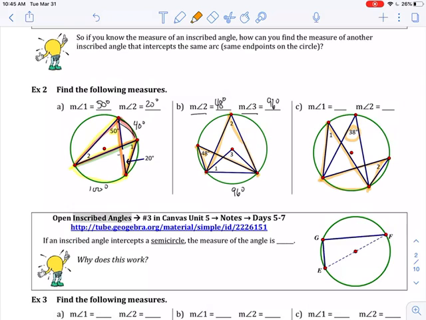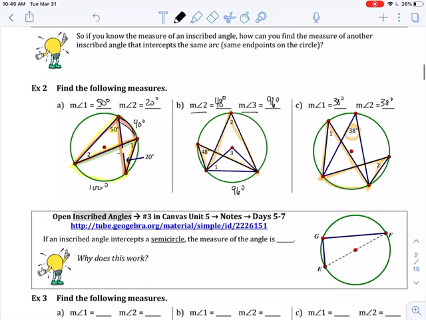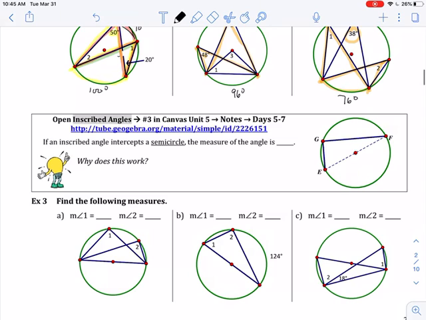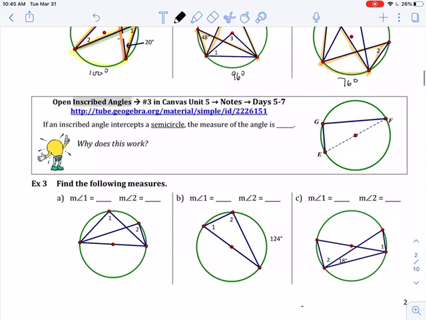They all are intercepting the same arc, so that angle would be the same. And if they were asking me for that arc, 38 times 2 would be 76 degrees.